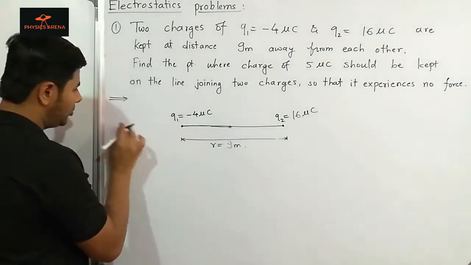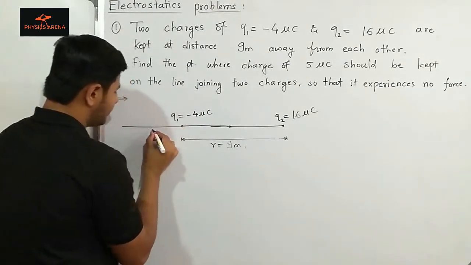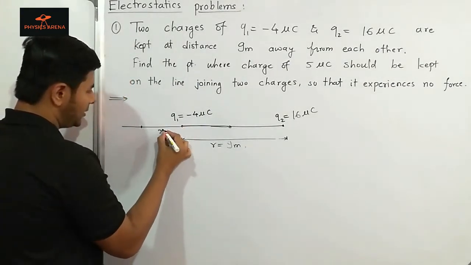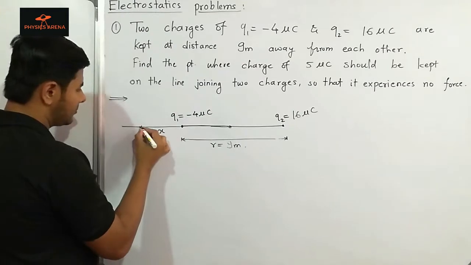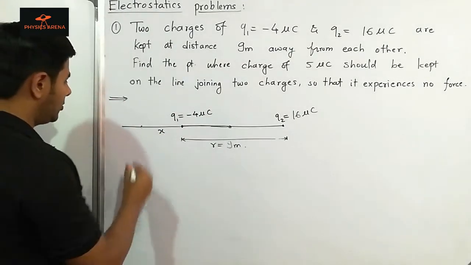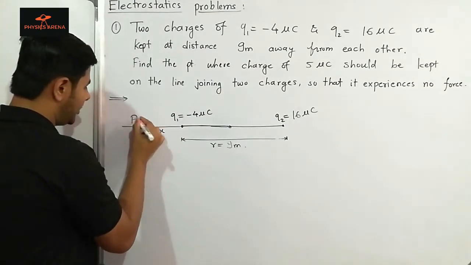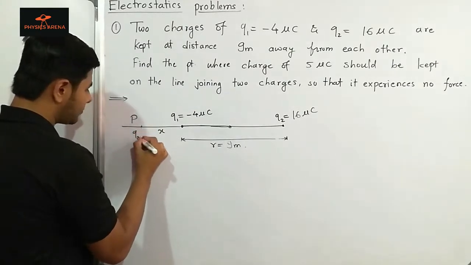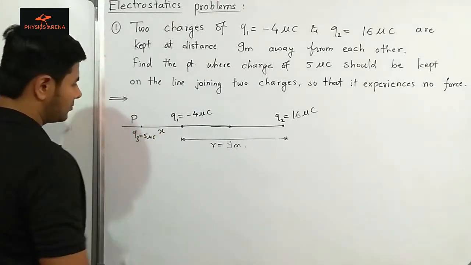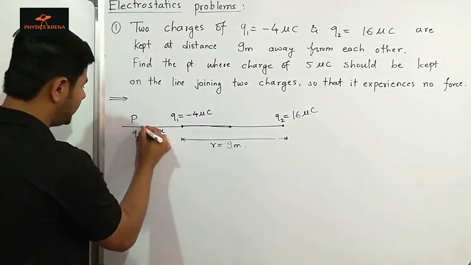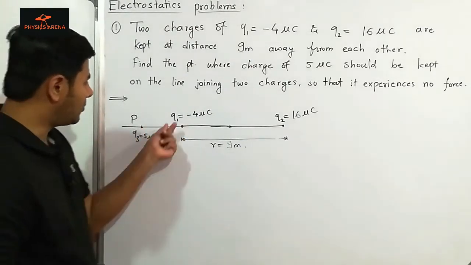So let's put it here on this side and suppose this distance is x. Okay, so we keep Q3 at point P at distance x away from Q1.